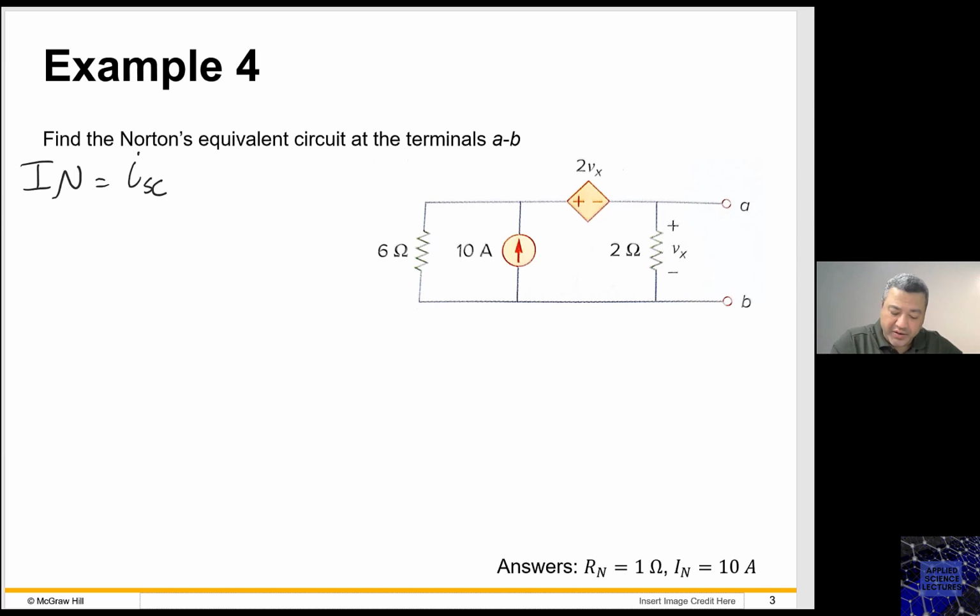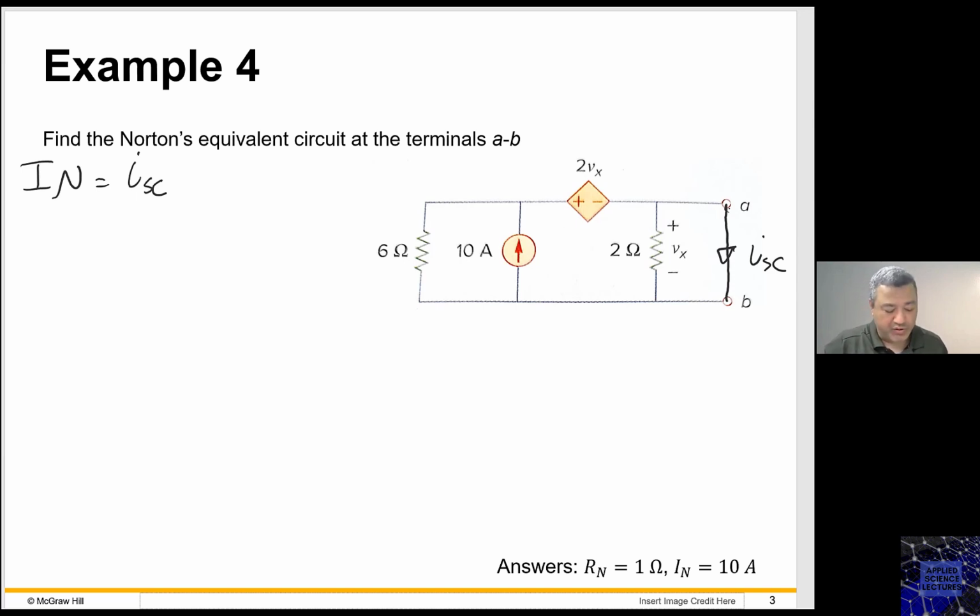So if I come here and I put a piece of wire this way, I need to calculate the I short circuit here. Now, see what's going to happen after I put this piece of wire right at the output. There will be important changes happening to my circuit, and I want you to pay attention.